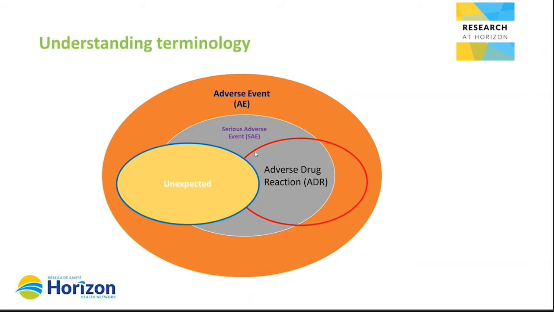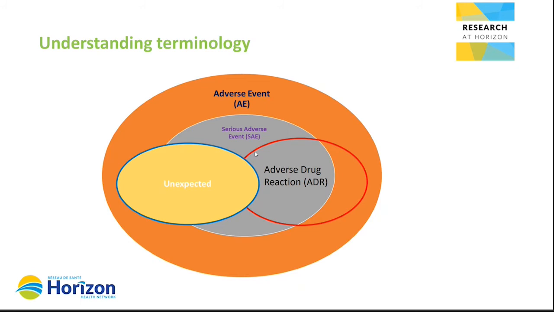Adverse event is more of a general term that refers to anything that is an unwanted reaction or effect, but does not have to be related to the use of the study drug. Once an AE has been definitively linked to the use of the study drug, the event is then considered to be an ADR, that is, adverse drug reaction.